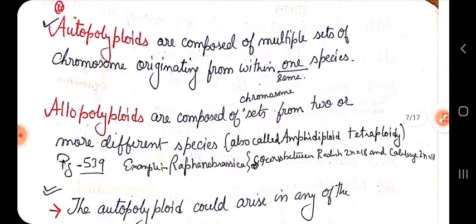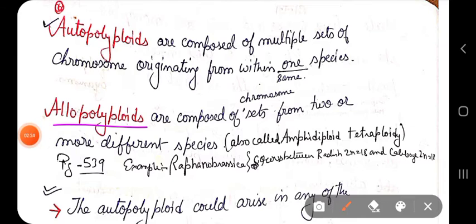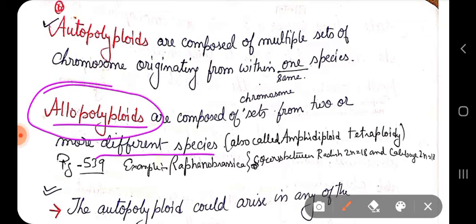Whereas allopolyploids are composed of chromosome sets from two or more different species. For example, when we create a hybrid using protoplasts from different plant cells and fuse those protoplasts with the help of a process called protoplast hybridization, then we can make this type of allopolyploid.